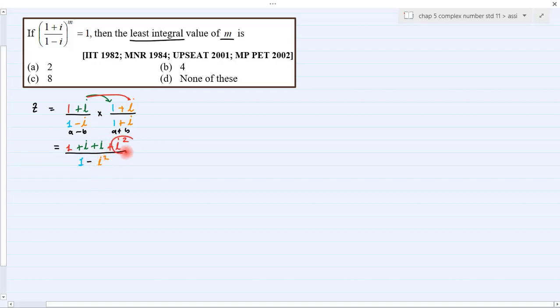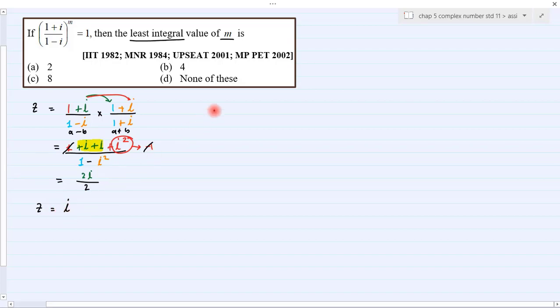In further simplification, we can say your i square will become minus 1. So 1 minus 1 will cancel out and this i plus i will become 2i. In denominator, we will get 1 plus 1, or we can say 2. So your complex number is simply i.